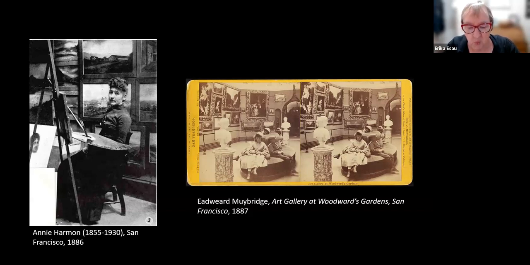The other picture is of Woodward's Gardens gallery from the 1880s. Woodward's Gardens was kind of an early amusement park, an early theme park, which was quite beloved in San Francisco. And I think it continued into the 1910s, 1920s. And you can see that they were interested already in bringing artworks to San Francisco.